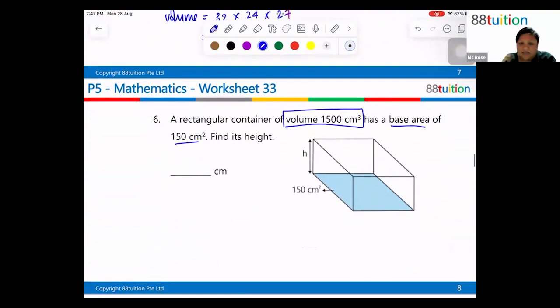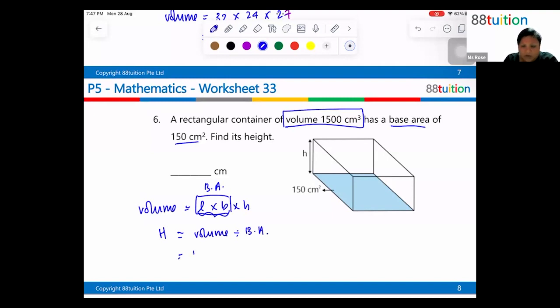Remember, in the earlier part of the lesson, I mentioned that volume is length times breadth times height, whereby length times breadth is considered the base area. So if you want to find the height, all you need to do is take the volume divided by the base area.